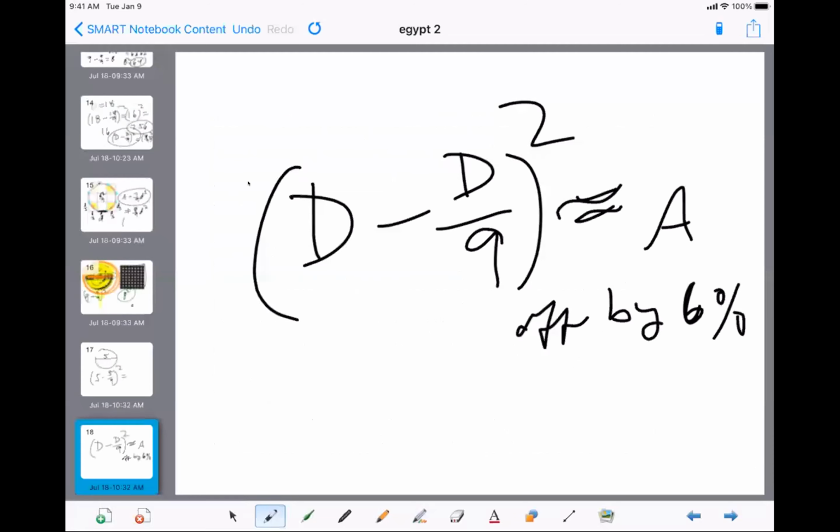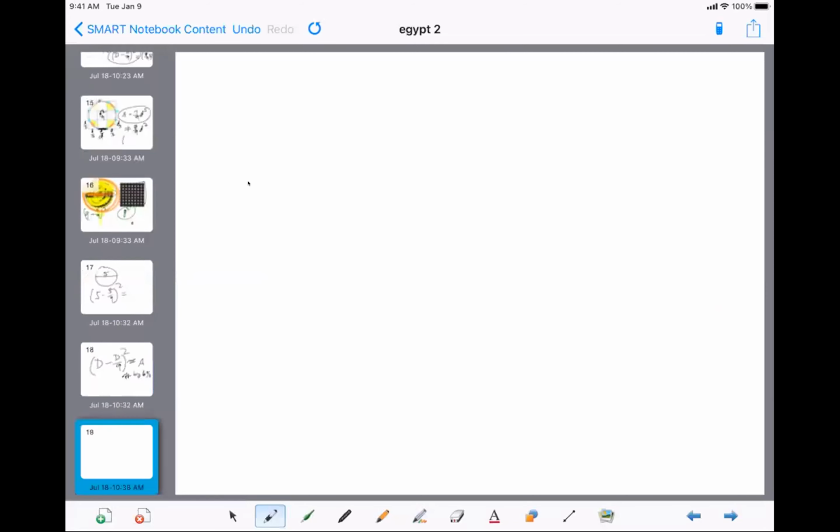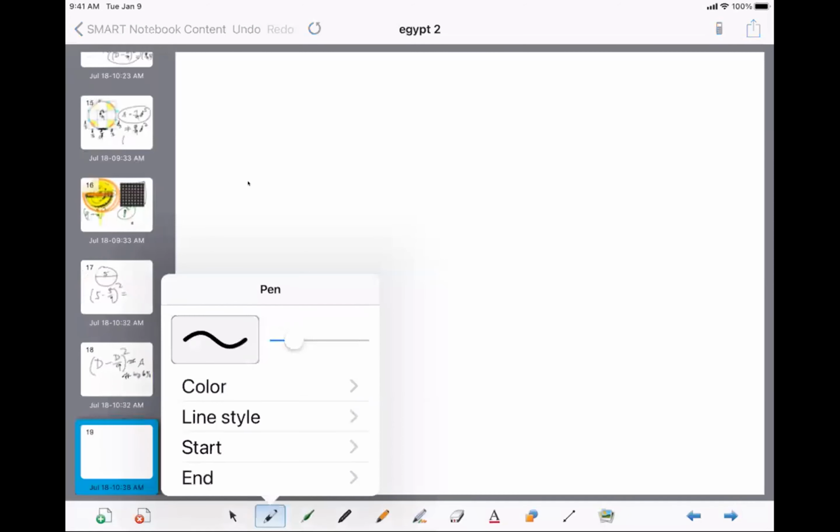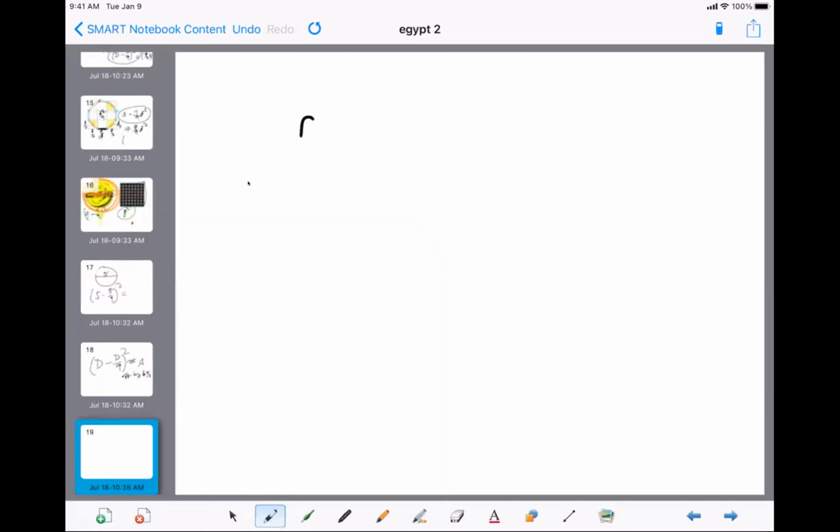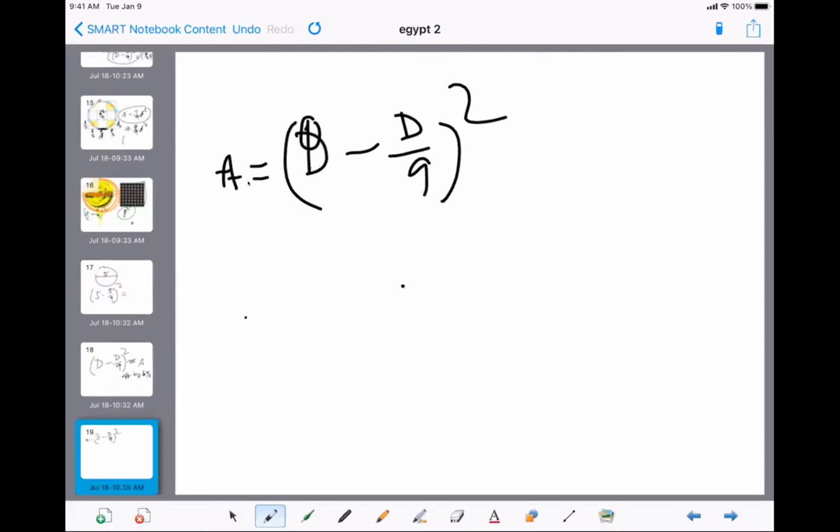Okay. So what is true? Well, it's true that if you take d minus d/9, squared, and you rewrite it as 2r, diameter is 2r, minus 2r over 9, squared.